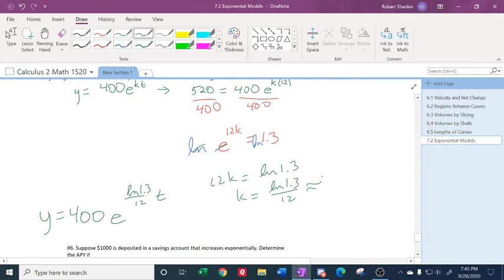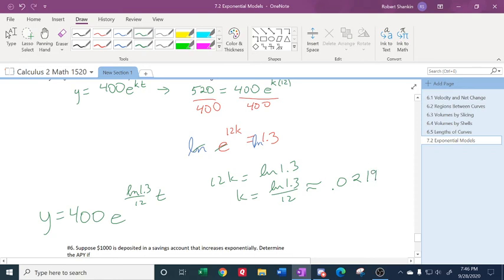So let's punch this out on the calculator. ln of 1.3 divided by 12 is 0.0219.